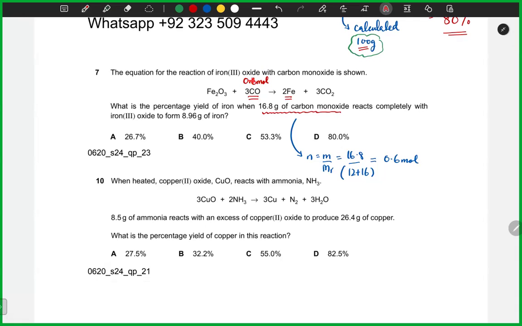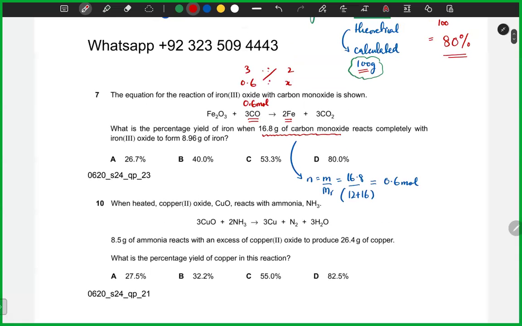So if you know the moles of carbon monoxide, you can use ratios and figure out the moles of Fe as well. So what is the ratio? It says 3 to 2. The simple way is you can either do the mole ratio thing. Maybe this is 3 and this is 2. So 0.6 moles will produce how much? That's going to be X, and you crisscross and do the whole ratio thing.